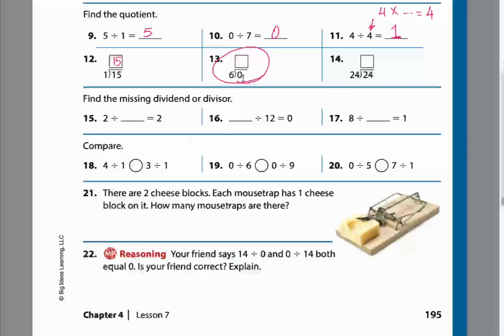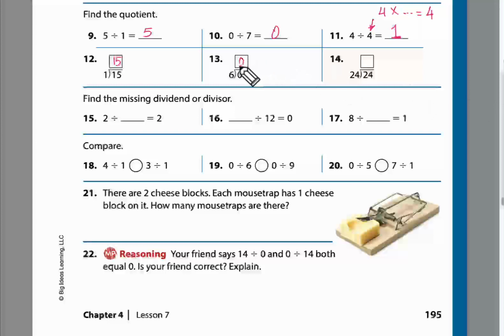It's 0 divided by 6. What is 0 divided by 6? Equals 0. Yes, thank you, Abdullah.